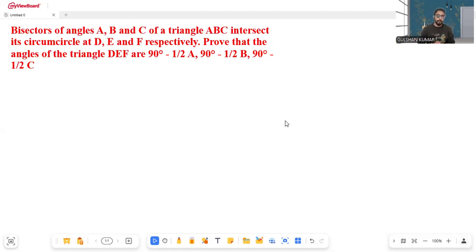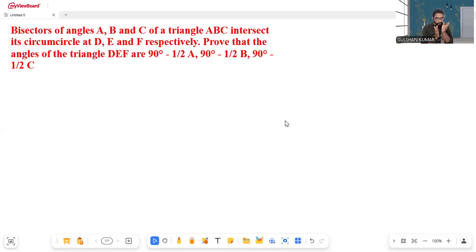Basically, this is the question from the circumcircle, where a triangle is inscribed in a circle and the bisectors are produced to meet the circle.